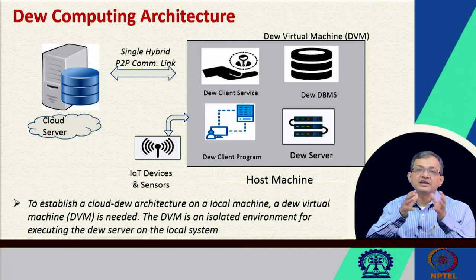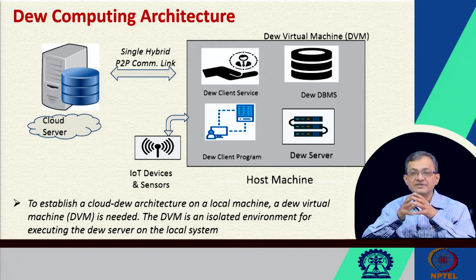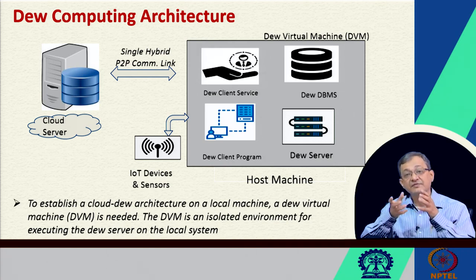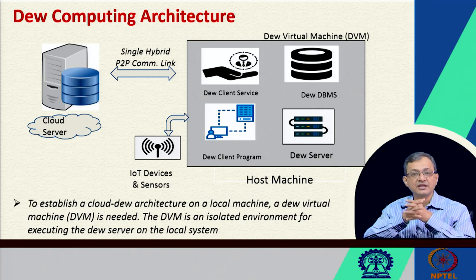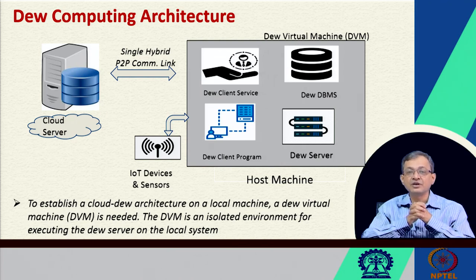So, one is interfacing with the client services, another is that the server syncs with the cloud server based on the connectivity and the type of data being exchanged and the need of the data exchange. So, to establish a cloud Dew architecture on a local machine, a Dew virtual machine is needed, right.